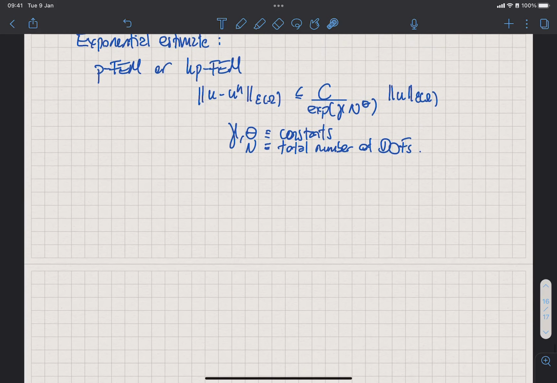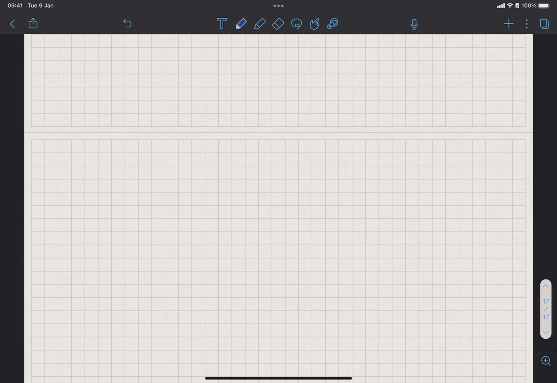So going back to those curves, now let's try to see how they look like. Let's define our relative error in the energy norm as u minus u_h, energy.